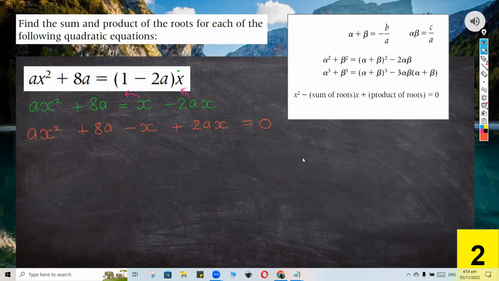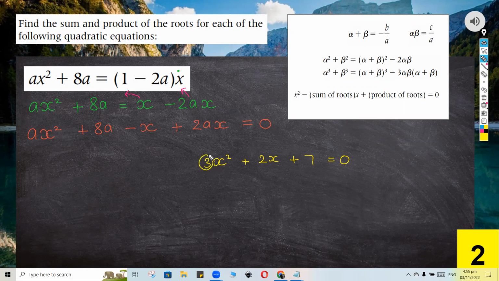Remember, we need to group all the x's together, right? Let me give you a scenario. If I have 3x squared plus 2x plus 7, and it's equal to 0, and I ask you how much is A. Isn't A the person touching x squared?